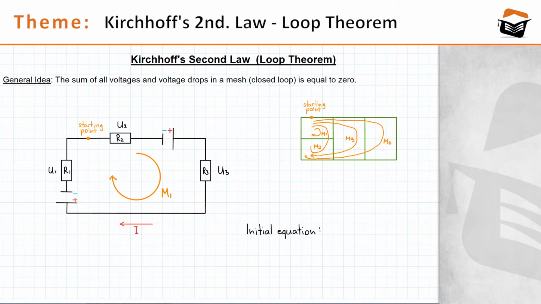So you cannot have something like this, because then you would run through this wire twice, and this is not allowed. Also know that it is standard to have clockwise meshes, and the current is assumed to flow in that direction. Now, let's get back to this circuit.